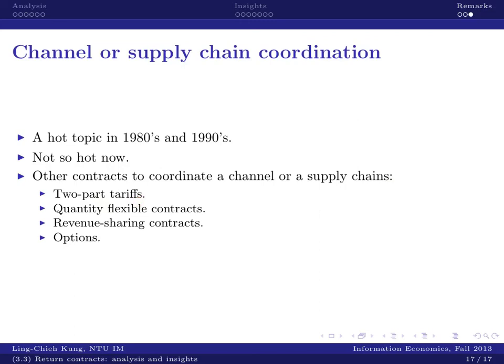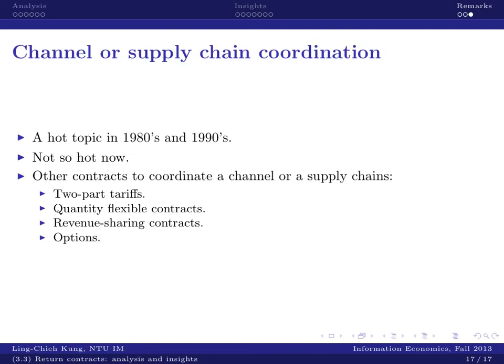Besides the wholesale price, you are also allowed to charge or give a fixed payment. That's two-part tariffs. We're going to see that later in this semester. There are also things like quantity flexibility and revenue sharing options. If you are interested, you will be able to find them easily online or in any supply chain textbook. So I will stop here.